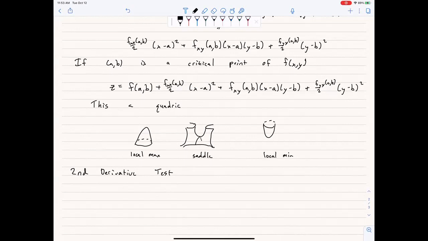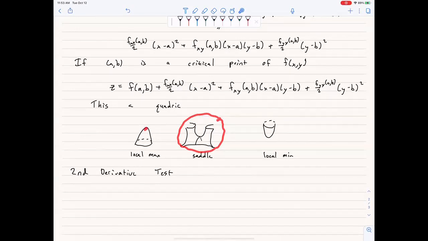If you're application minded, if you're like, I hate math, but I really need it to apply to what I'm doing, you should keep in mind, if you have a multivariable situation that you're modeling, these kinds of things are really important to understand the structure of.